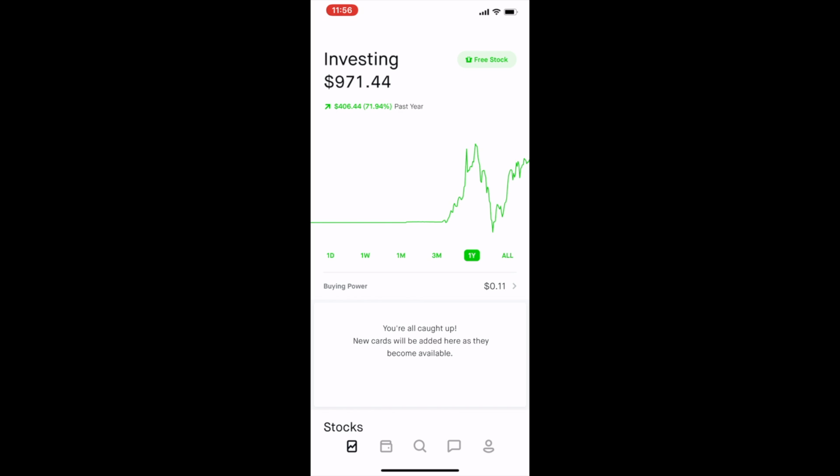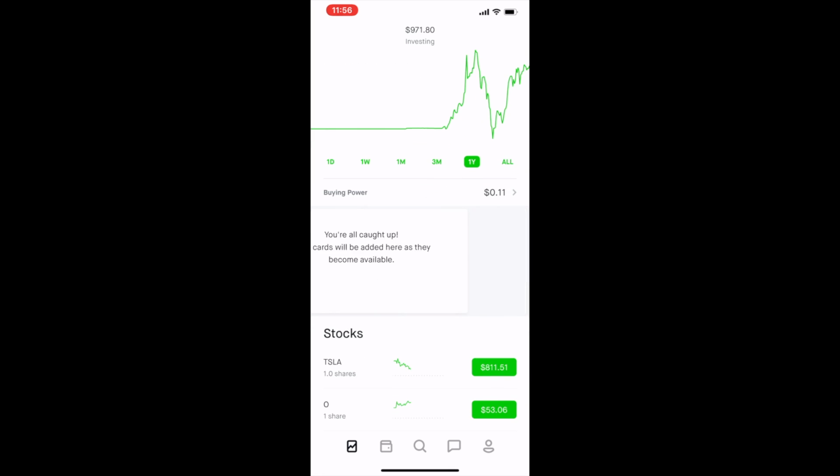Looking at my last year, since I haven't invested that long, it looks like it started at $565 or so, peaked at 1,074, then the low was on the 18th at 501, and it's currently at 671.